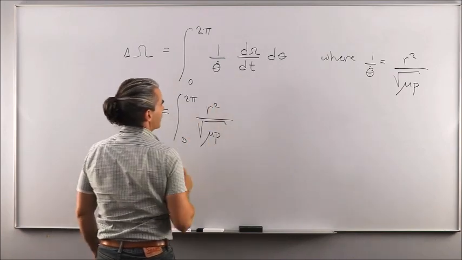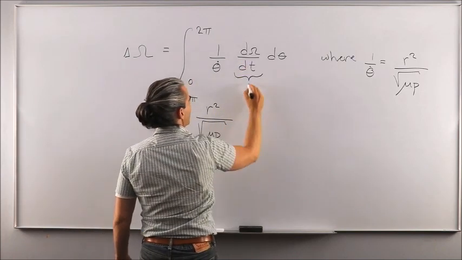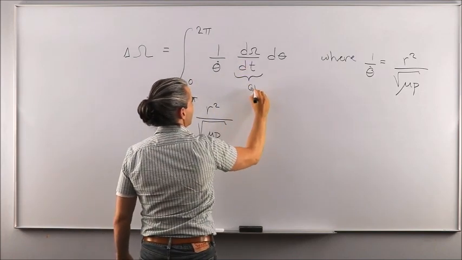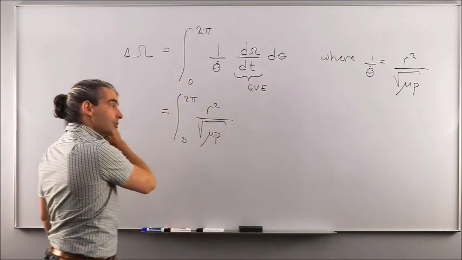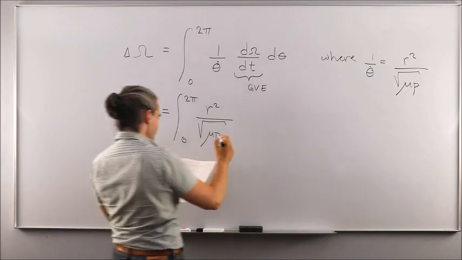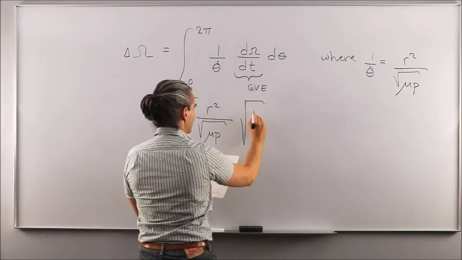This is our 1 over theta dot term. This here, d RAAN dt, is just our Gauss variational equation that I gave you a couple of lectures ago. I'm just going to copy it exactly as it is written in the lecture notes.